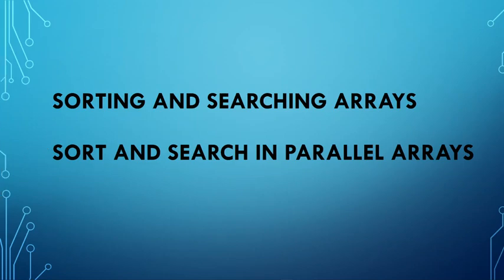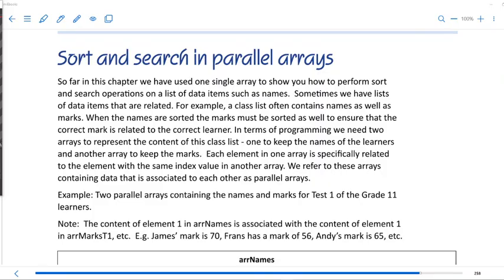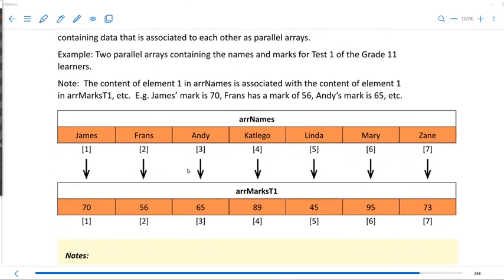So let's open our textbook. Sorting and searching in parallel arrays. I've mentioned this already. Here in the example that they're giving, they actually have learners' names and corresponding marks.